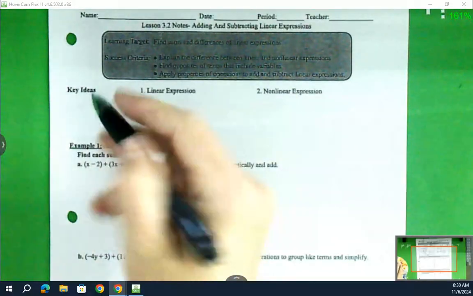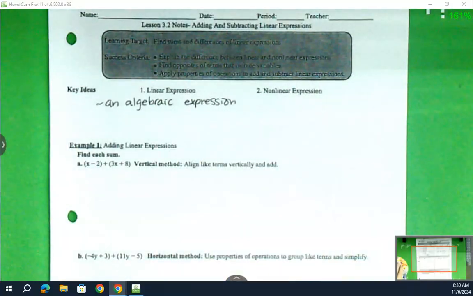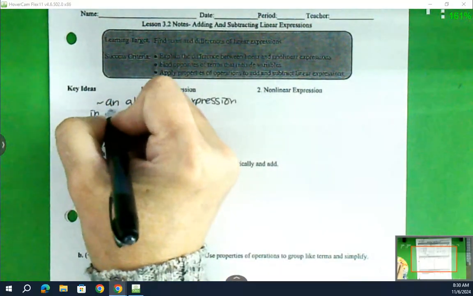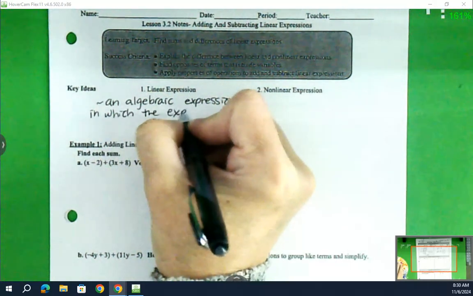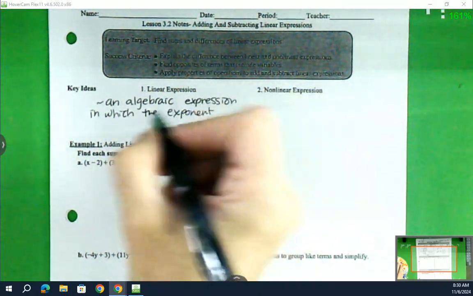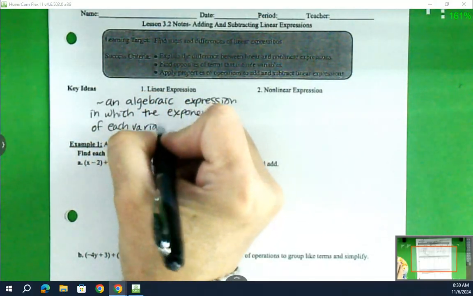A linear expression is an algebraic expression in which the exponent of each variable is 1.